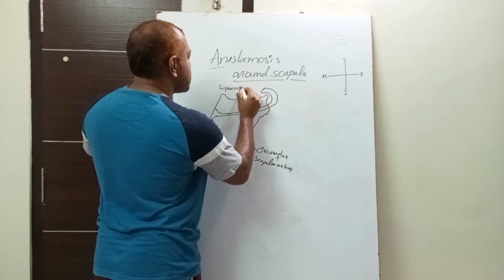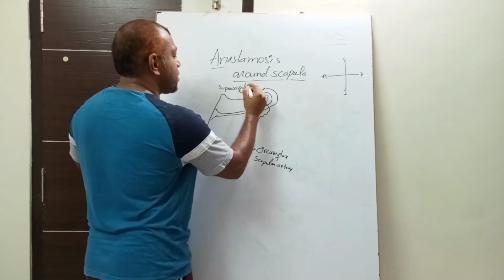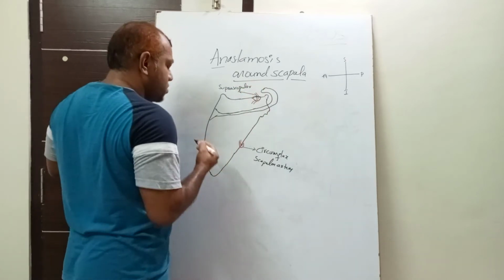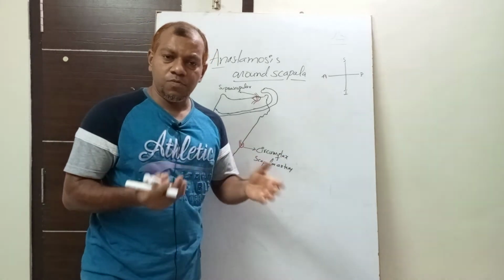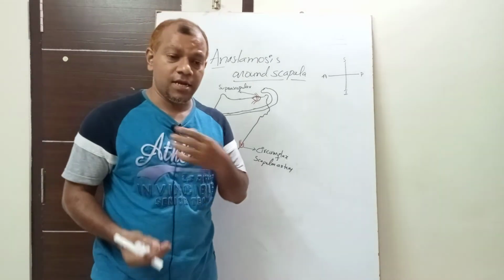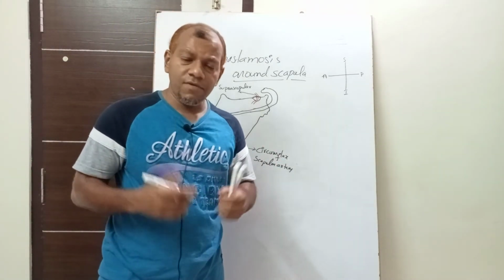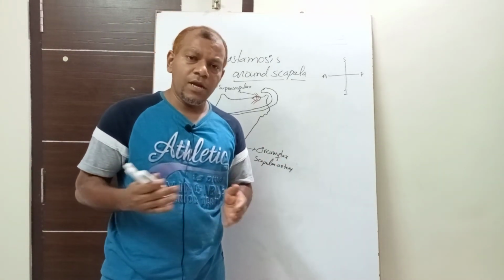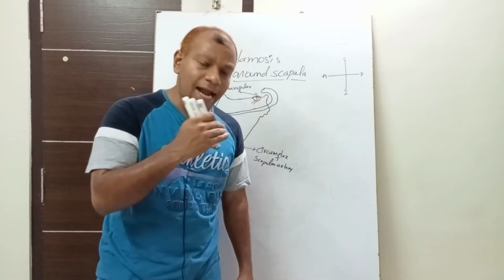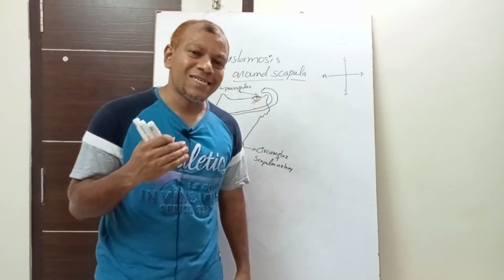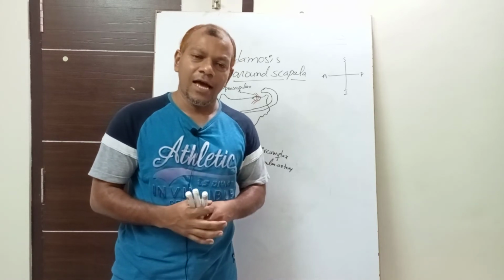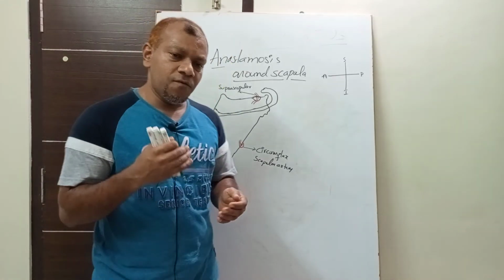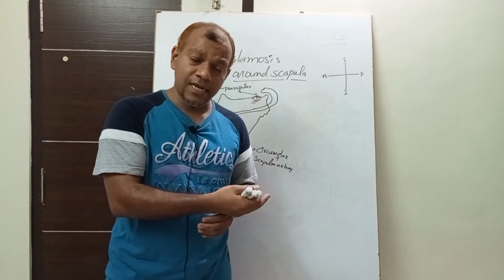From where is this suprascapular artery coming? The suprascapular artery is coming from the subclavian artery. As you all know, in our previous class we saw that the subclavian artery, after crossing the lateral border of the first rib, extends into the apex of the axilla as the axillary artery.